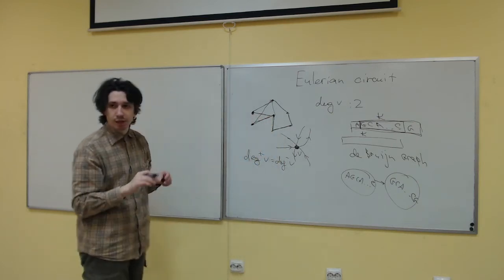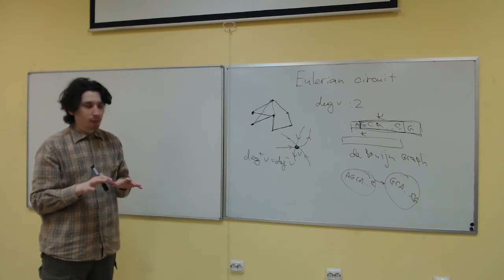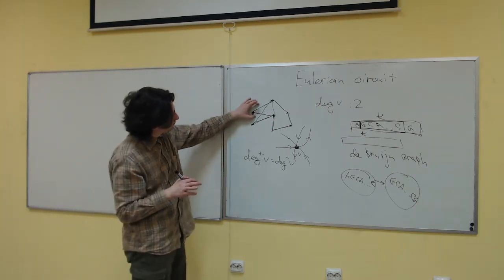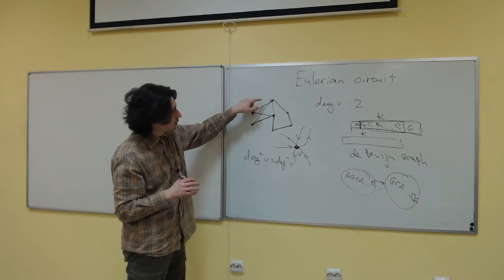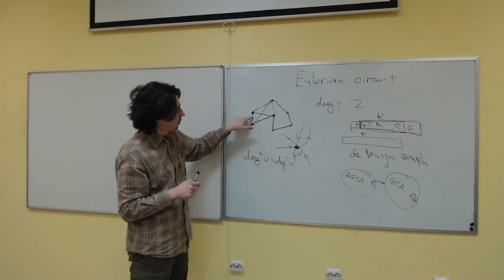Okay, so you find this cycle, but it is not yet Eulerian, because you may not visit all the vertices.